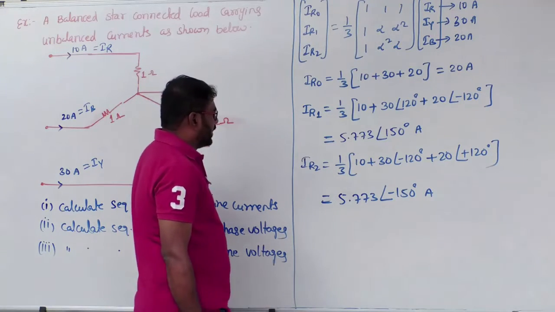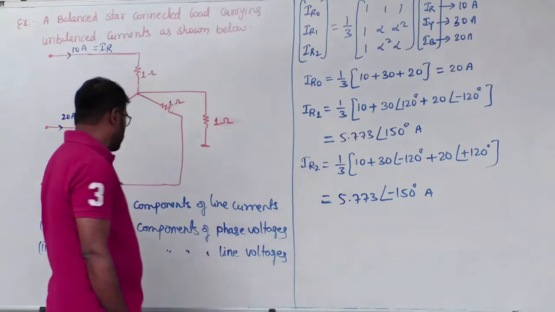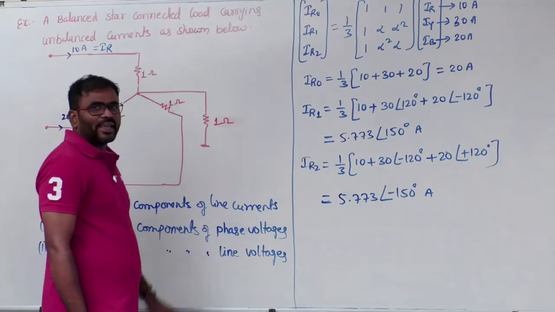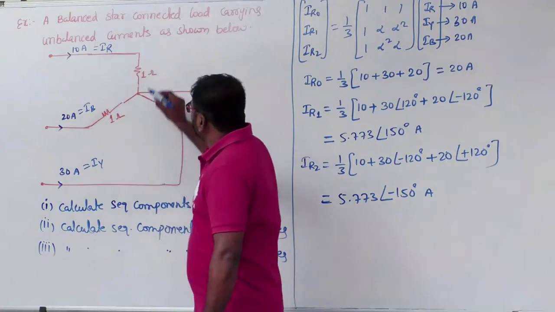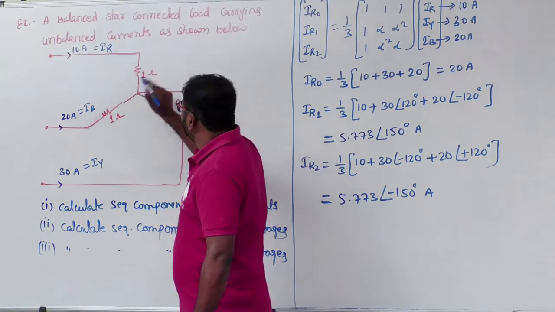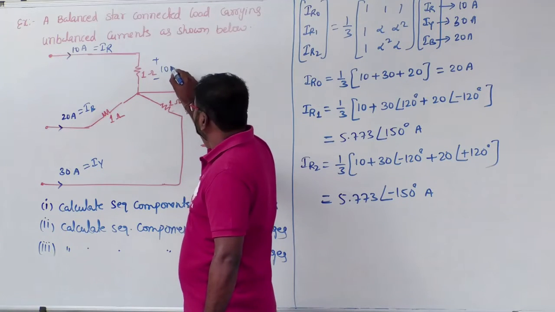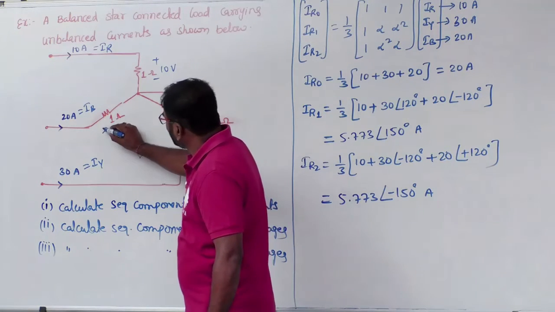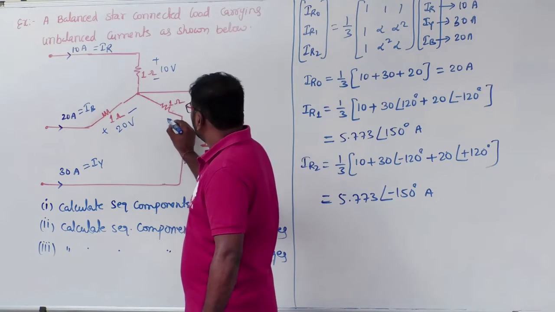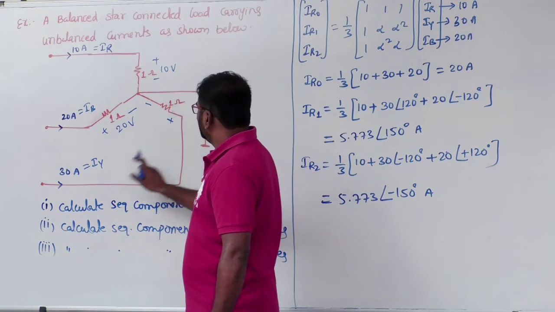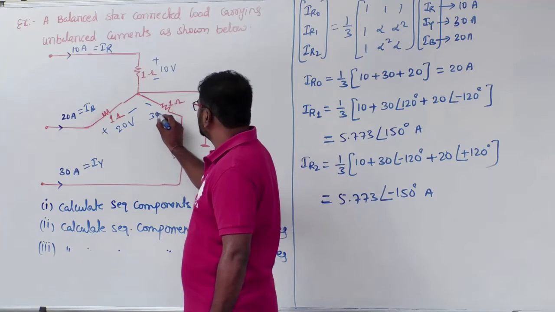Now we need to calculate the sequence components of phase voltages and line voltages. For that, the current here is 10 ampere, meaning the voltage drop here is 10 volts. The voltage drop here is 20 into 1, 20 volts. The voltage drop here is 30 into 1, 30 volts.